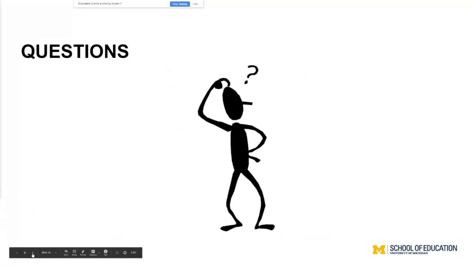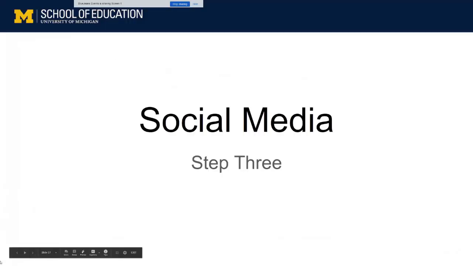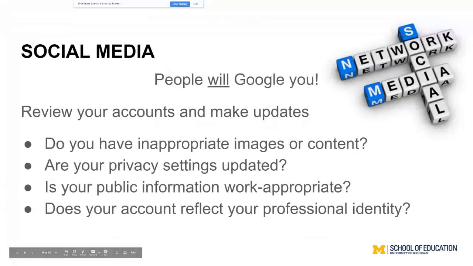Step 3, we'll talk about social media. It's important to consider social media when thinking about the job search because if overlooked, it can negatively impact your job search. For example, an article stated that 85% of principals and human resource professionals said a positive online presence influenced hiring decisions, while 70% turned down candidates because of online discoveries.